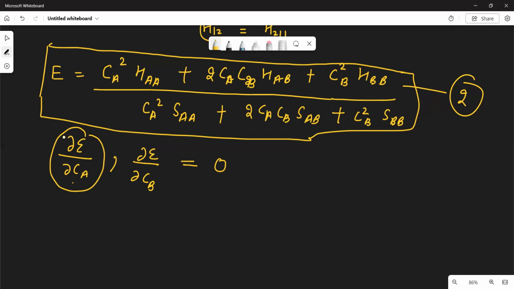So let's find out ∂E/∂CA. To find ∂E/∂CA, first we will modify the second equation. We will just cross multiply.